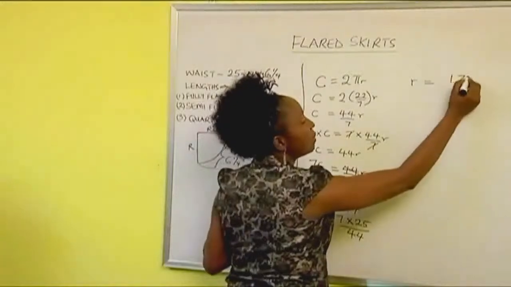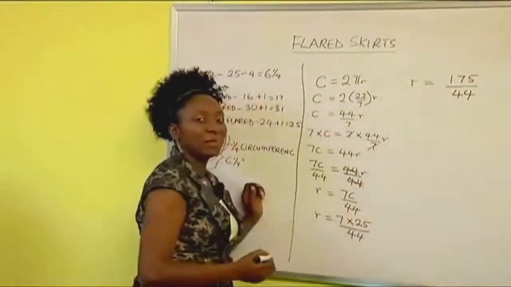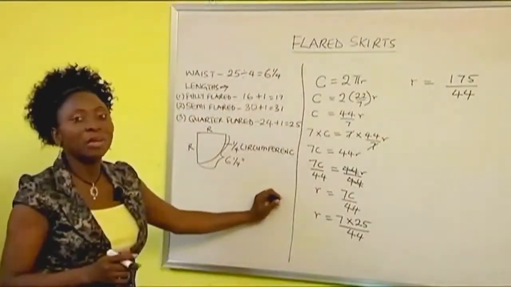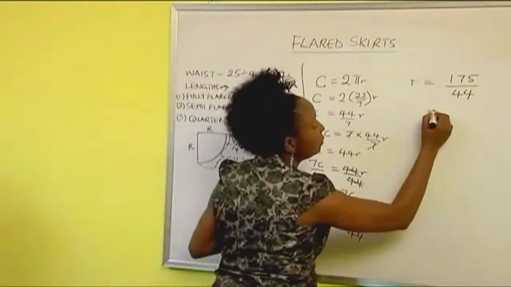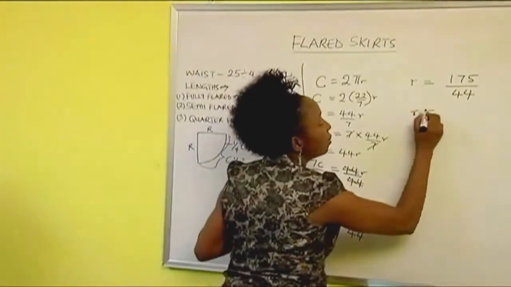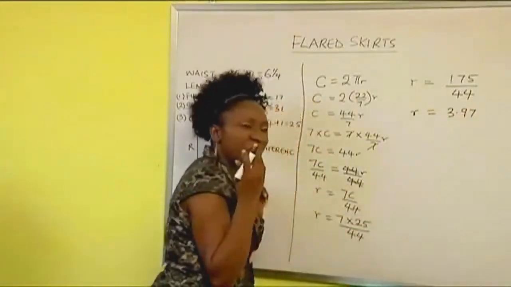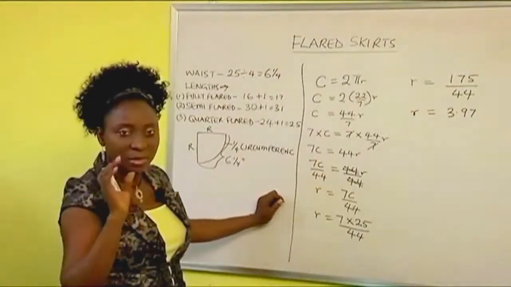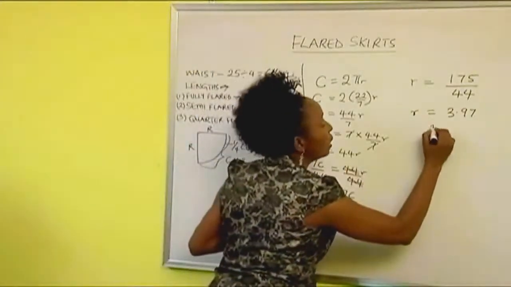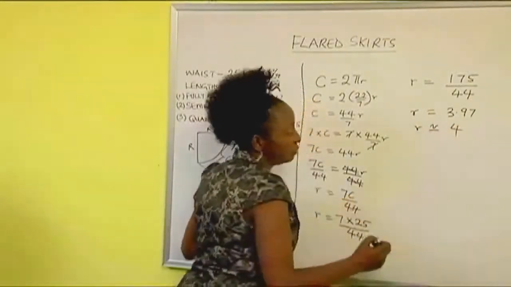You get 175 divided by 44. Now just take a minute and try and calculate that with your calculator or with your phone. And that will give us r equals 3.97. You can see it's very, very close to 4. So I'm going to just approximate it to 4 inches.